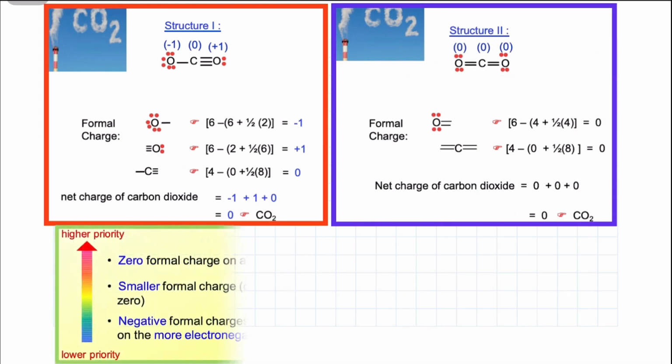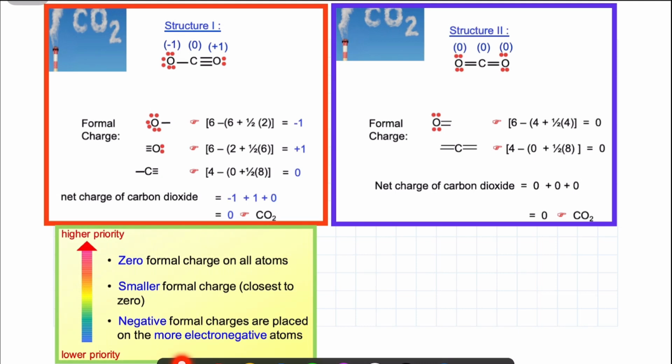Okay, so by using this chart, higher priority and lower priority: higher priority is given to the molecule with 0 formal charge on all atoms. If the formal charge of all atoms is not 0, then you have to choose the one with the smaller formal charge closest to 0, or with negative formal charge placed on the more electronegative atoms.